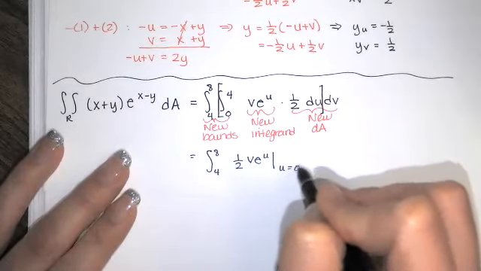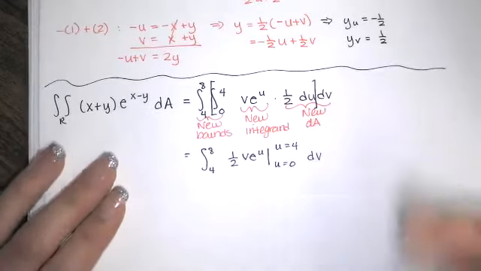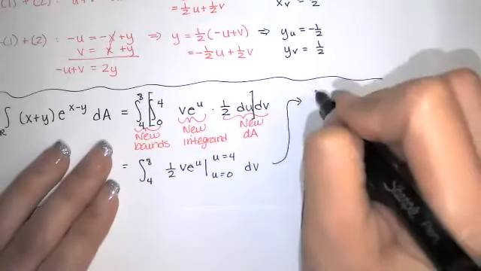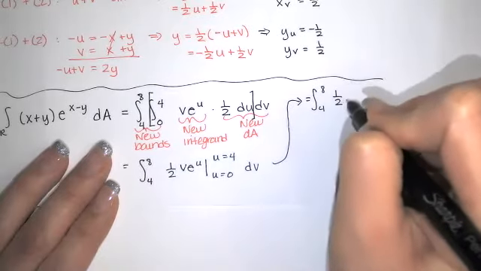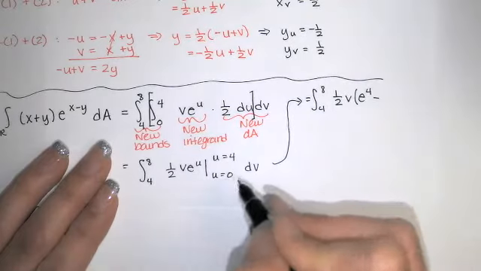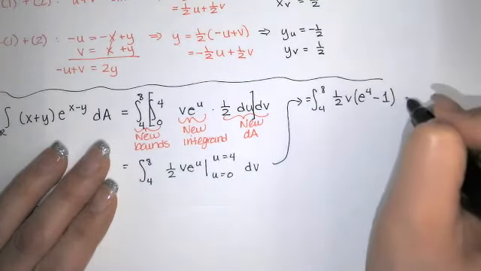We evaluate from u equals 0 to u equals 4. When u equals 4, we've got 1/2 v times e to the 4th. When u equals 0, we're subtracting e to the 0, so that's a 1.